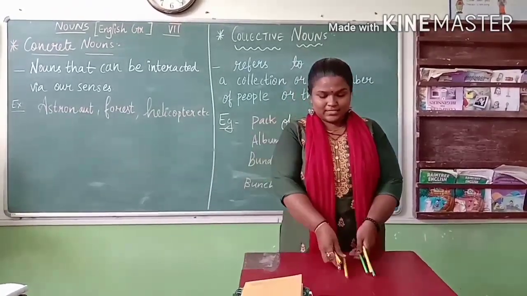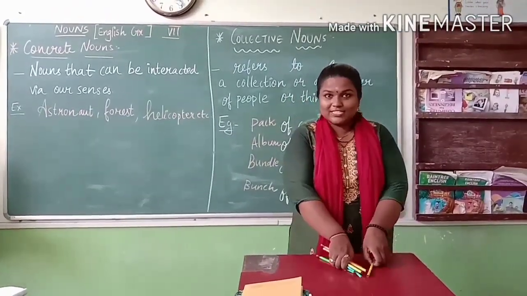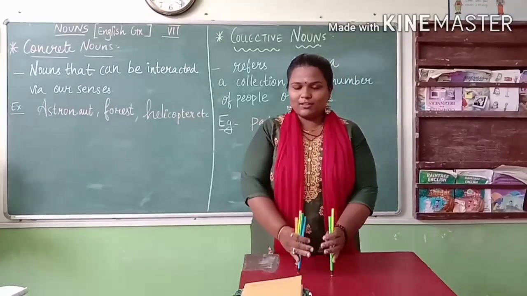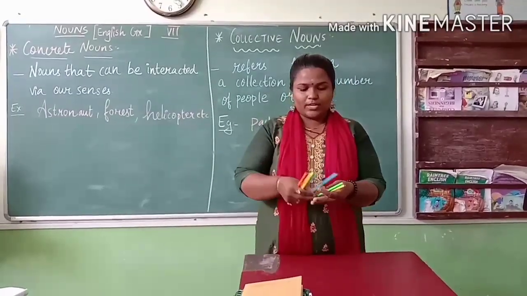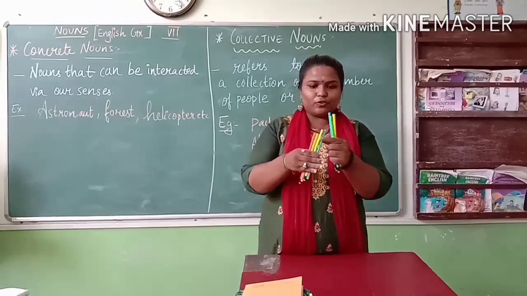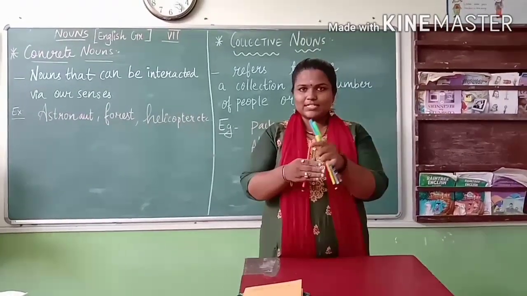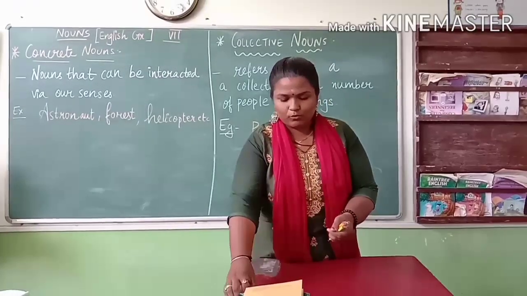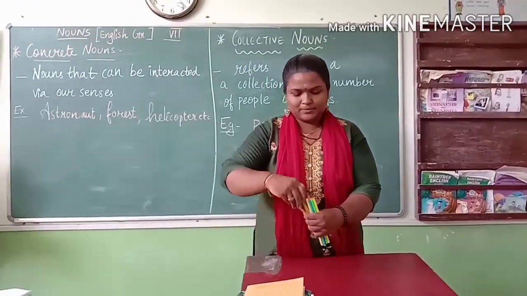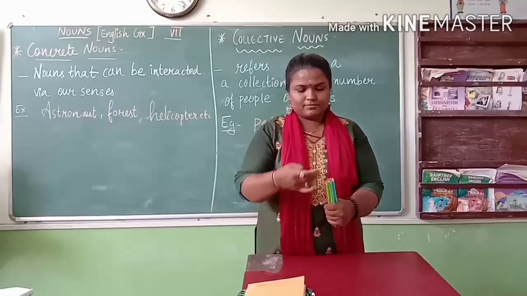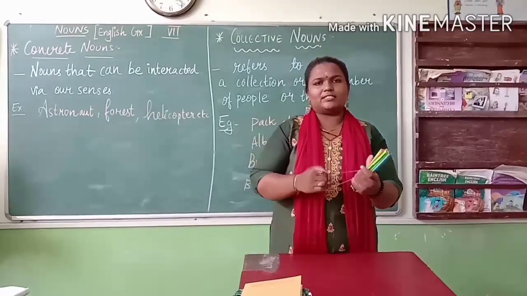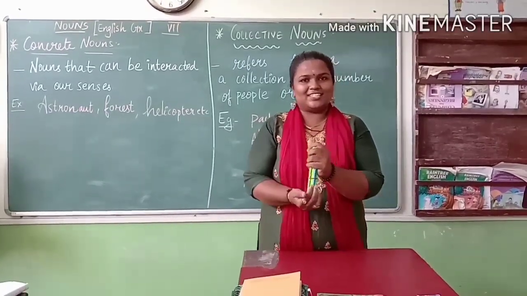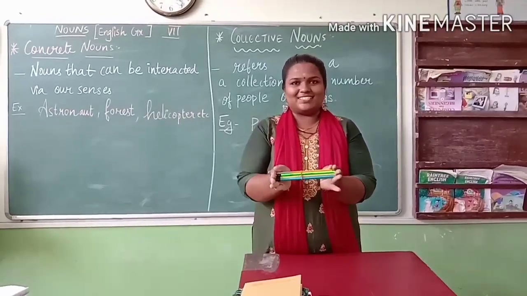What are these? These are pencils. Plural. Many pencils are there. 1, 2, 3, 4, 5, 6, 7. 7 pencils? Okay. So now what I am going to do is tie this up together. So what is it? A collection of pencils. Yes?